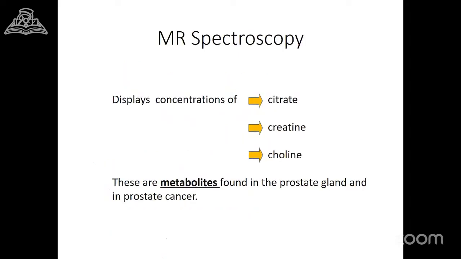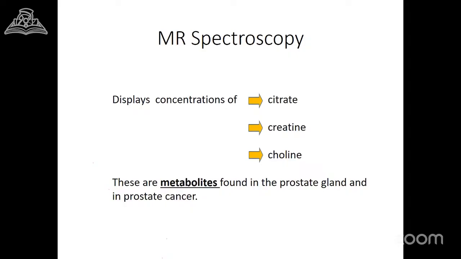MR spectroscopy. MR spectroscopy is a functional MRI technique that analyzes the biochemical composition of prostate tissue. It measures the concentration of key metabolites, mainly citrate, creatine and choline, which are naturally present in the prostate gland.